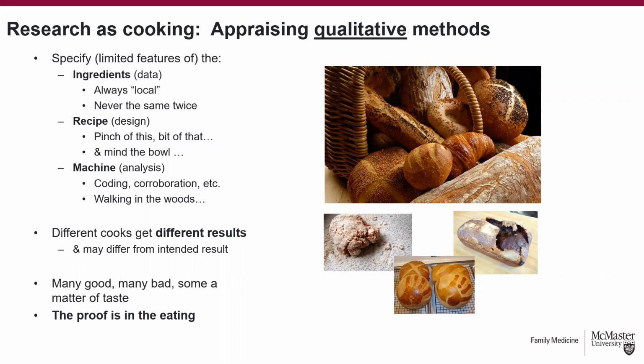And so we can ask questions about the procedures, so the ingredients, the recipe, and we can appraise the answers that we get, but that only really tells us a fraction of what was actually done or how the findings developed. And it might be necessary, but it's never sufficient for a high quality project.